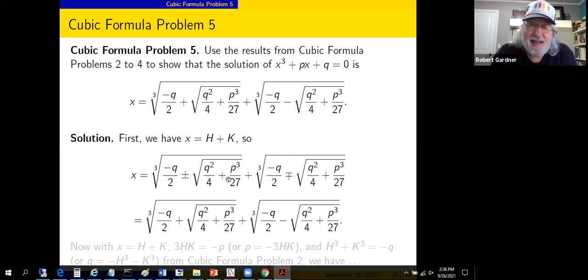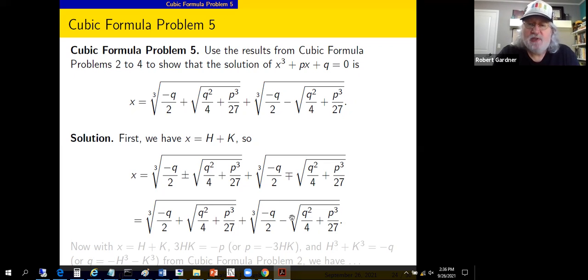Now the this and the that, they're the same in both h and k. The difference is when h is positive, k is negative. And when h is negative, k is positive. Well, how about this? One of them's positive and the other one's negative. I can't tell you which is which, but one of them involves the plus and the other one involves the minus. So we get the positive ones and we get the minus ones.